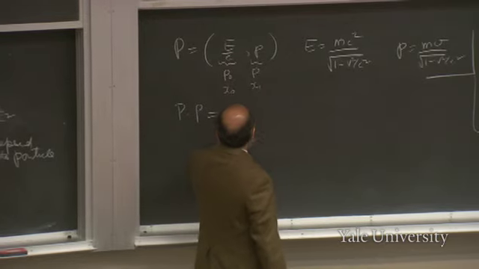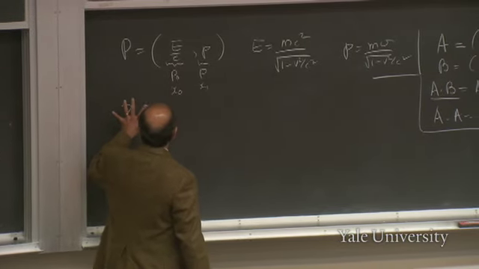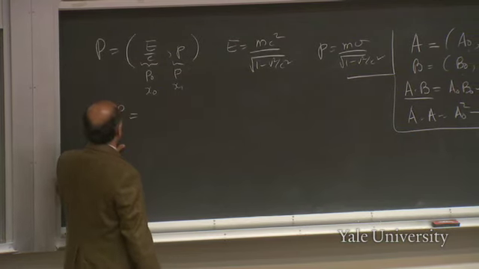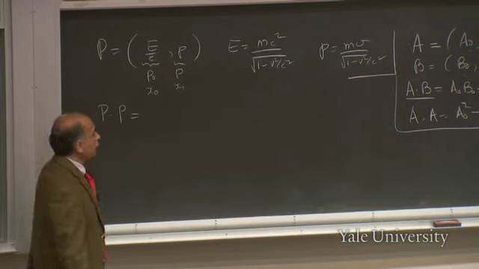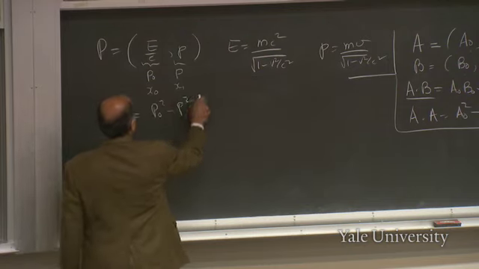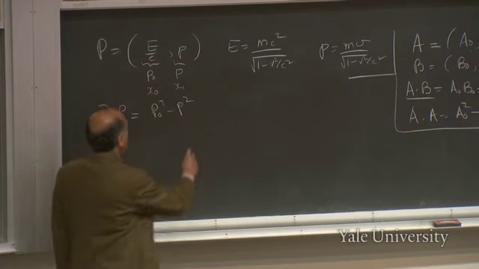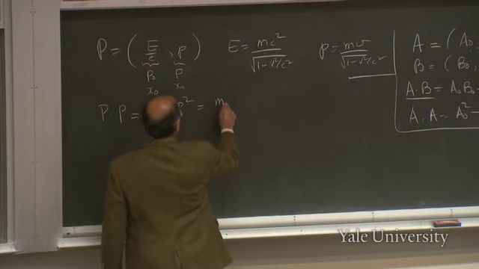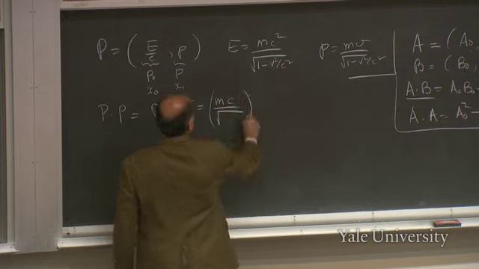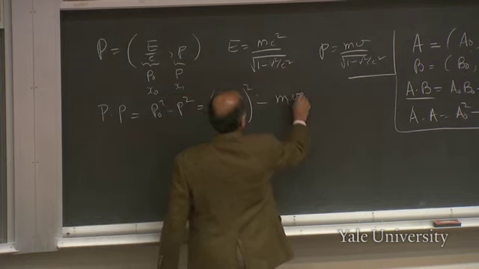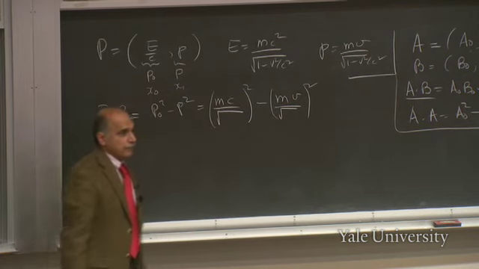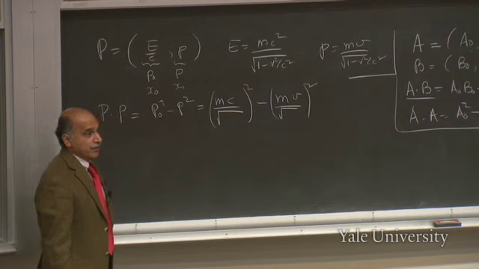Okay, so now let's ask what is the invariant length square of the momentum 4 vector with itself. That means you've got to do p0 squared minus p squared. That means you're going to take mc over this factor squared minus mv over this factor squared. Well, let's try to do this in our head, guys.